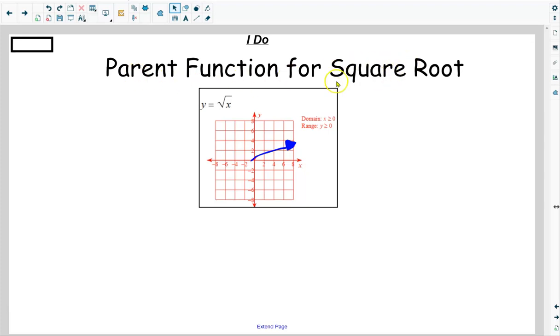Very important for this lesson is to understand the basic square root function graph. It's this guy. Okay, not much to look at. Almost like a little line, but remember there's that curve, right? So for this lesson of transformations, the question is, how do you get it to go up, down, right, left?